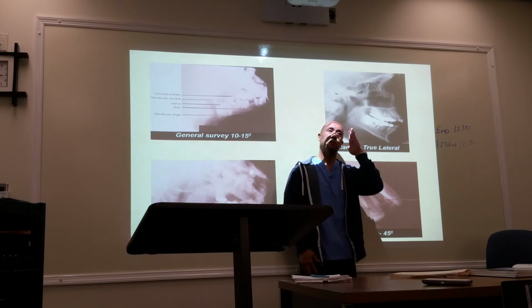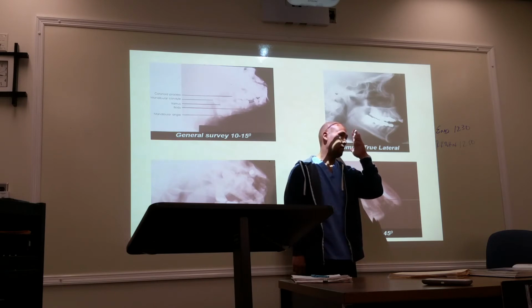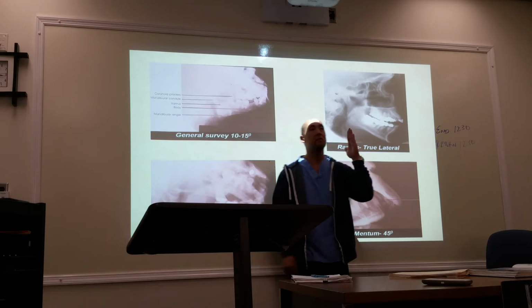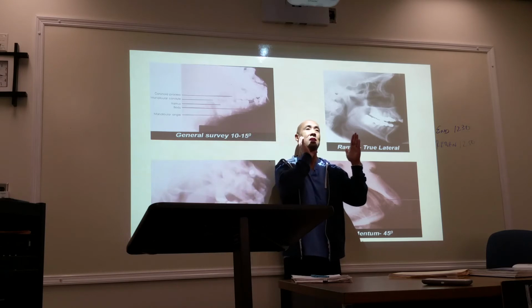It's like this. Here's my image receptor. Now I'm going to turn it 45 degrees towards the image receptor. This one right here, again, 25, turn 30 degrees. This one, again, 25, turn 10 to 15 degrees.